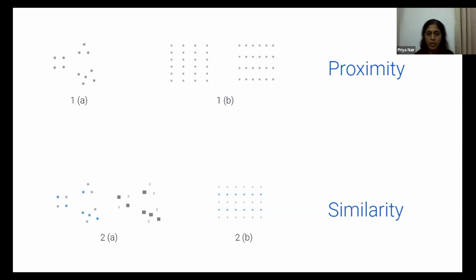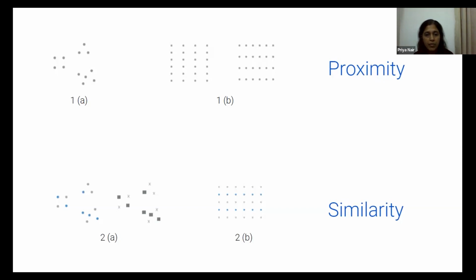patterns. The second case is of similarity. In 2a, you will see how same colored dots, you will feel them belonging to a group. And in the second case, you will feel those black squares belonging to one group, right? So in the first case it is similar color, in the second case it is similar pattern or shape.